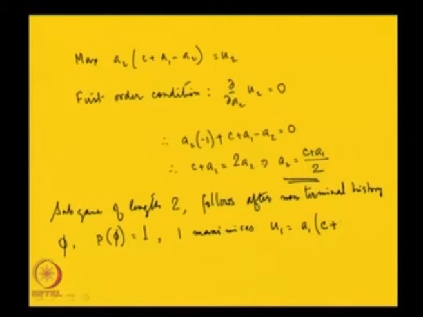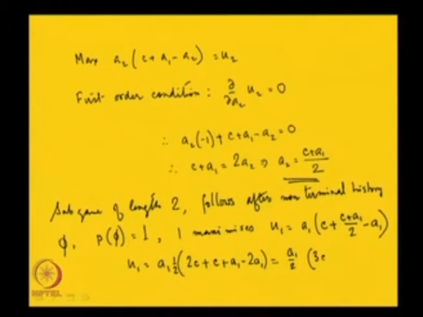Now, A2 is something which we know now, minus A1, and this is what, if I take half out, 2C plus C plus A1 minus 2A1, and this is A1 by 2, 3C minus A1.